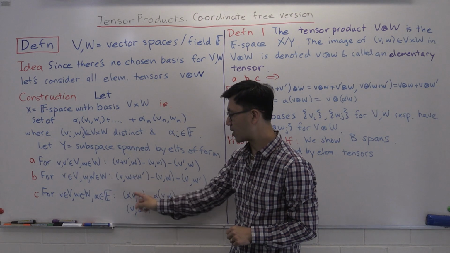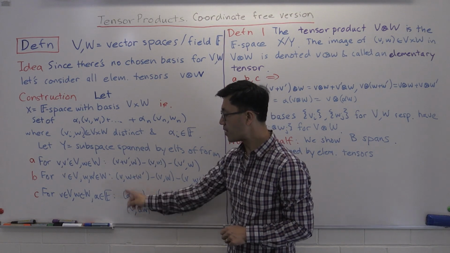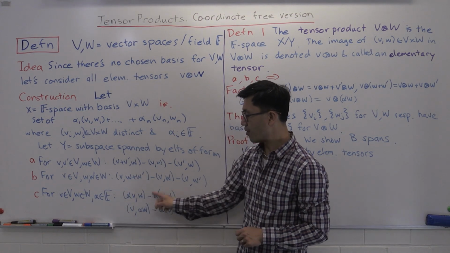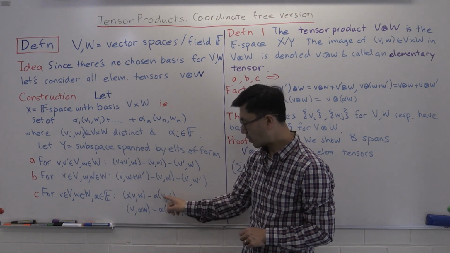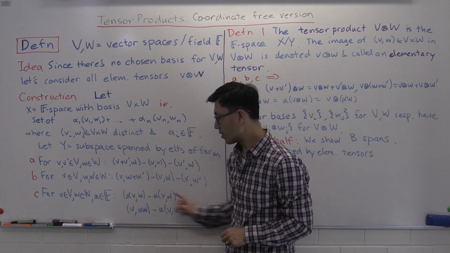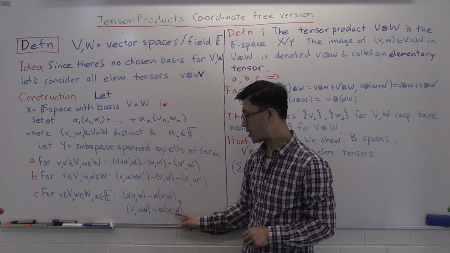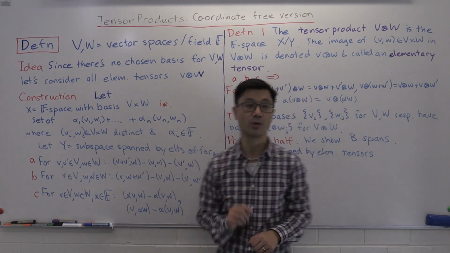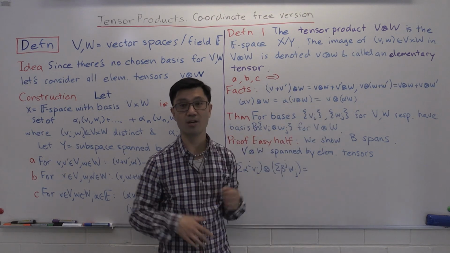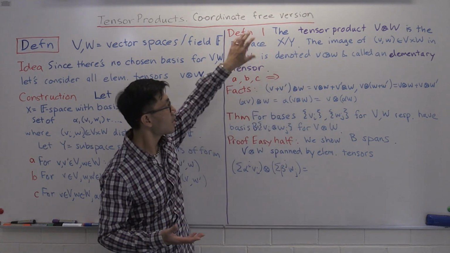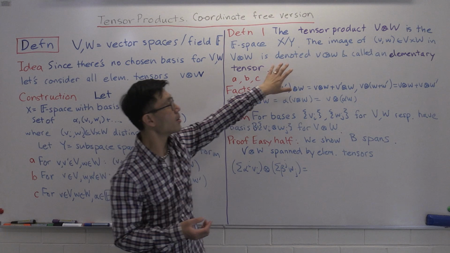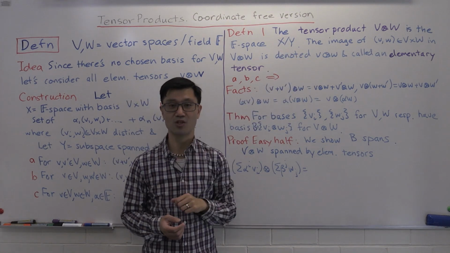This gives you (alpha V) tensor W, and this gives you alpha times (V tensor W). Similarly, this is V tensor (alpha W) in the quotient space, and this is alpha times (V tensor W). So you get this equality as well. That recovers some important facts about the elementary tensor using this definition.